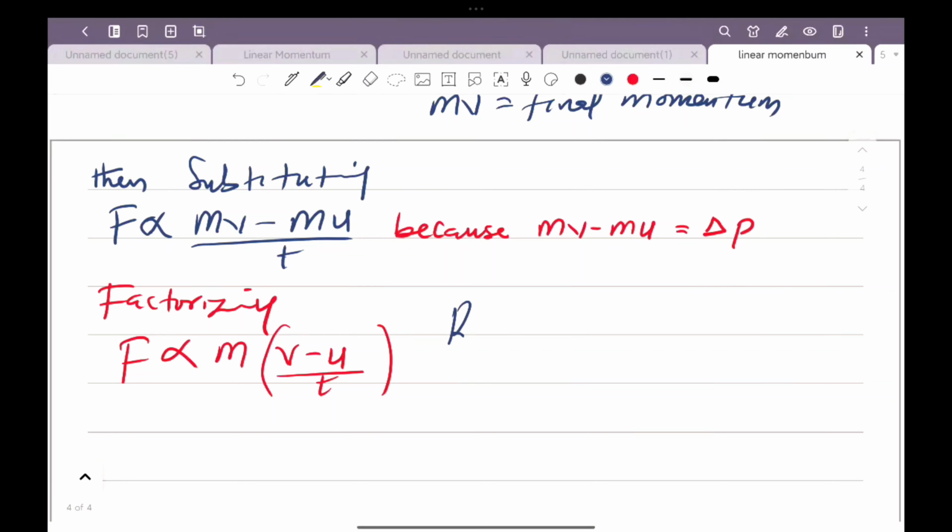Now, from these, you recall that v minus u over T is acceleration, right?